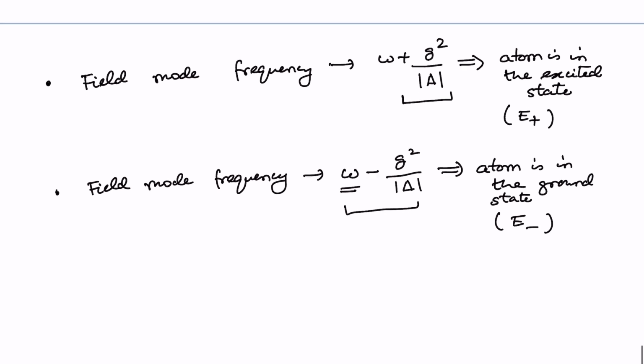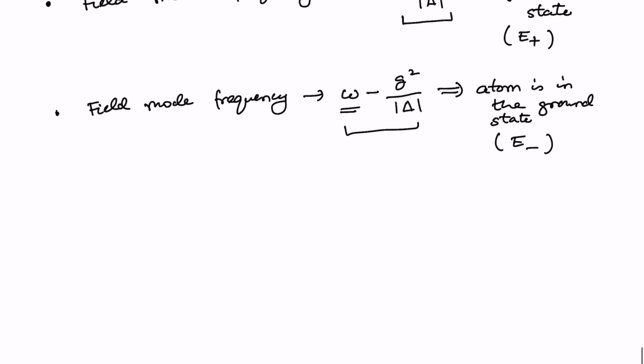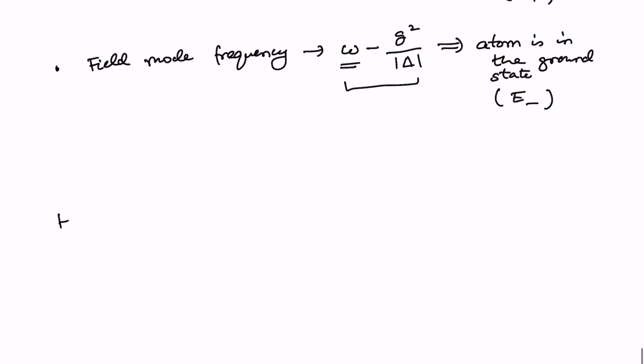And this is going to enable us to write an effective Hamiltonian. Because of this observation, we can write H effective as ħ(ω plus z² by delta sigma z) a dagger a. I will explain it.